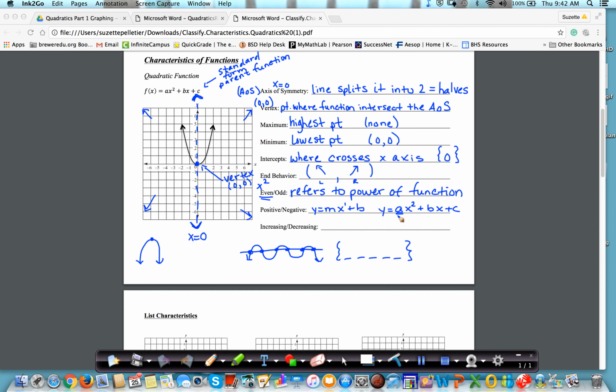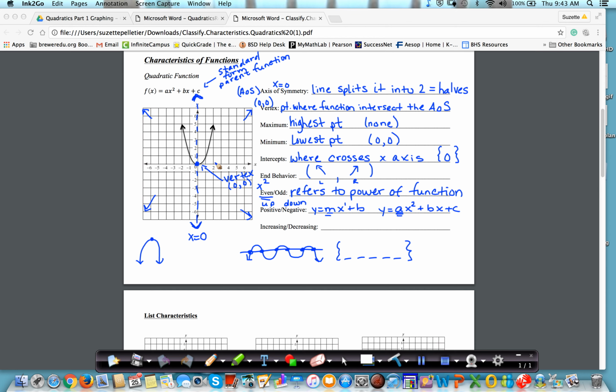We're referring to this lead coefficient, that number in the front. If it's positive, the graph is going up or in standard position. If it's negative, it has been reflected and it's headed down. This would be a negative function. It's the reflection of this positive function. Okay, so positive looks like the parent, and negative means it's been reflected down, so it's upside down.